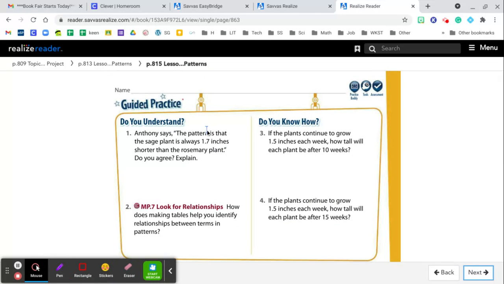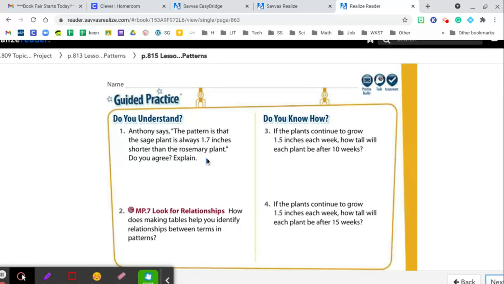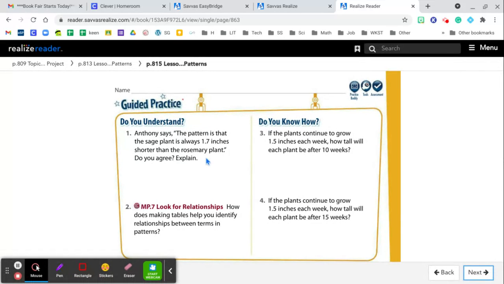Right, now into the guided practice. Anthony says the pattern is that the sage plant is always 1.7 inches shorter than the rosemary plant. And you can say it in the reverse too. So you have to make sure you're always using the right order and the right values. So yes, the rosemary plant is always 1.7 inches taller.